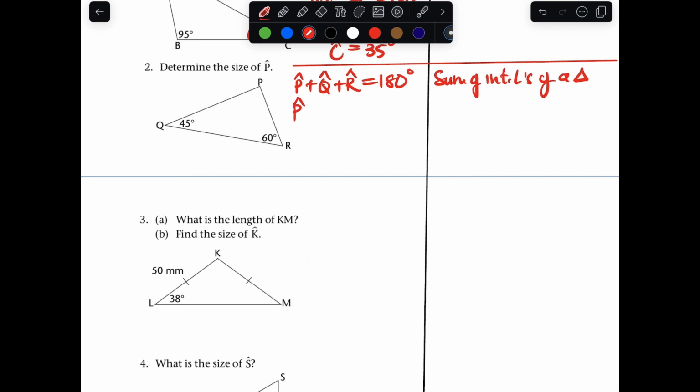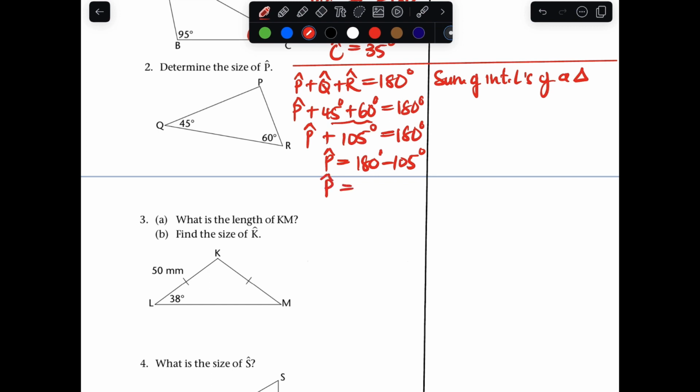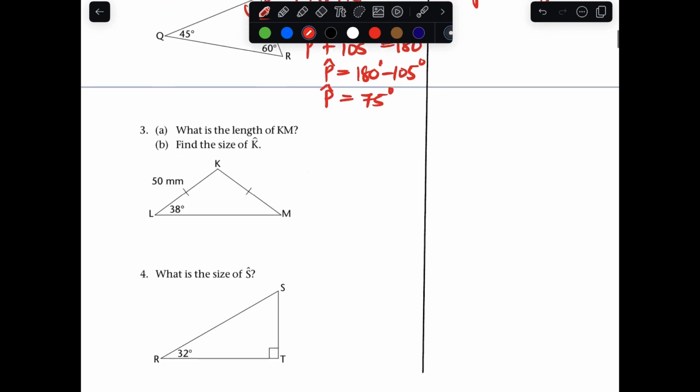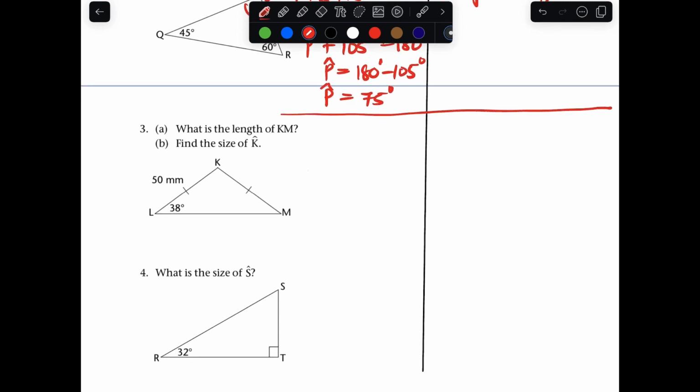We're looking for angle P, and angle Q we're given it's 45 degrees plus angle R is 60 equal to 180. So P plus, this is going to be 105, these two, equal to 180, and then we transpose the 105, angle P is equal to 180 minus 105. So our angle P, it's going to be what? 75 degrees. So this angle is 75 degrees.